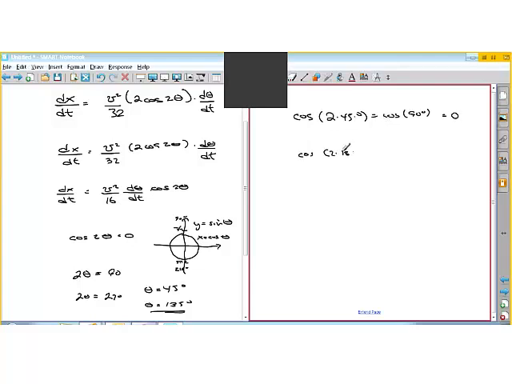The cosine of 2 times 135 is the same as the cosine of 270, which is also 0. So this term goes to 0 when the angle is 45 and the angle is 135.